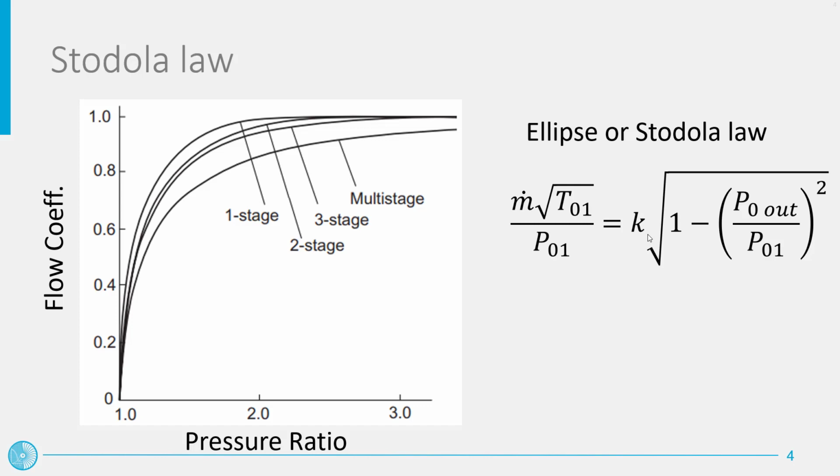So, for a steam turbine, the flow characteristic reduces to a single curve in the flow coefficient versus pressure ratio chart, which can be easily predicted by means of the Stoddard law, after proper calibration of the parameters.